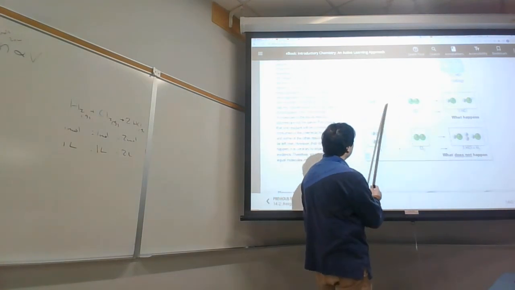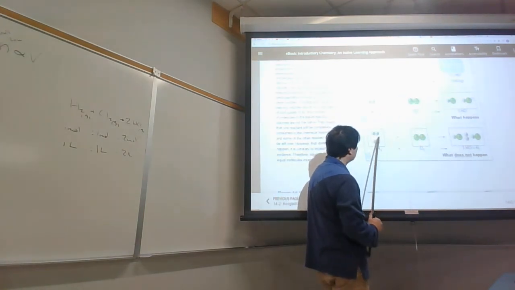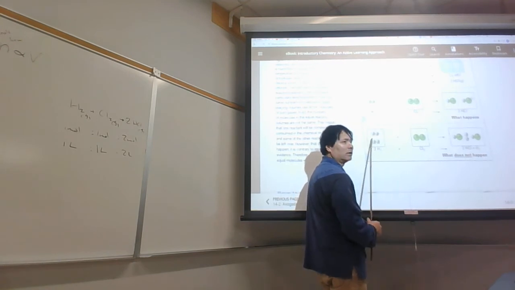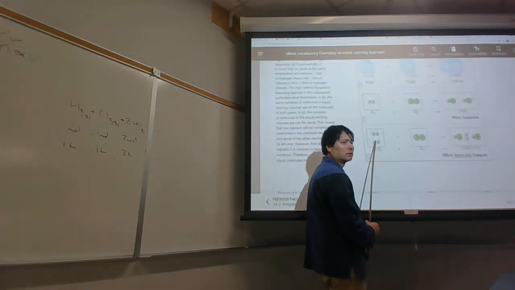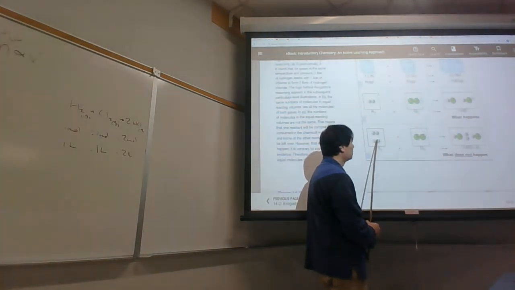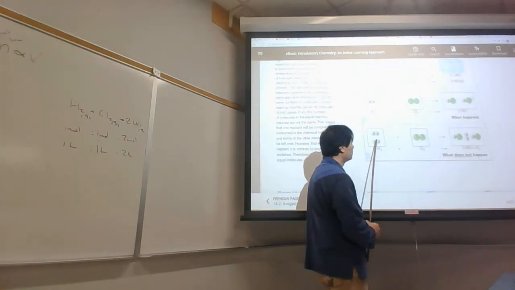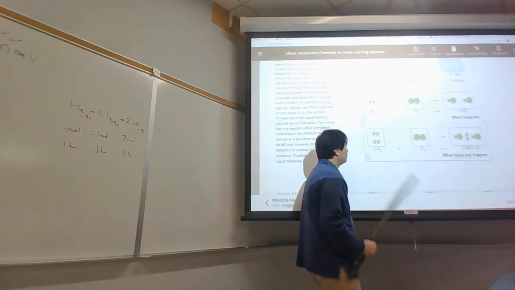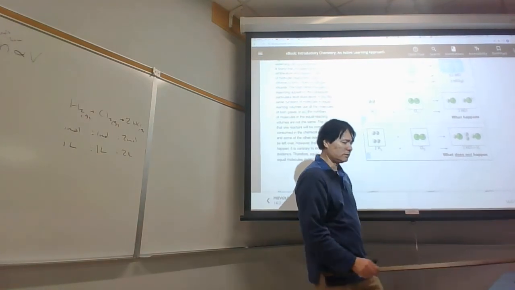Because now if I cram in 2, the pressure will be double here, right? Twice as many particles in the same box, and we're going to double the pressure. So this is wrong. So the third one is wrong. How can I fix the third one?